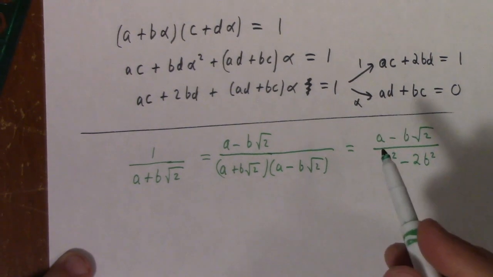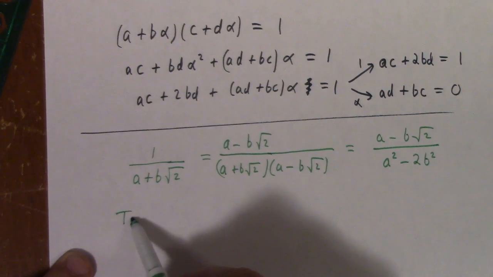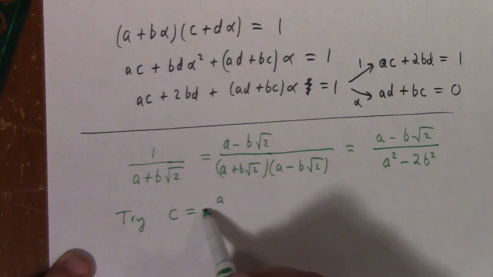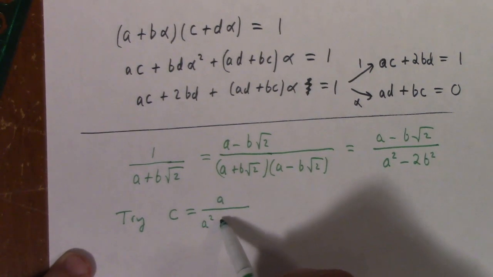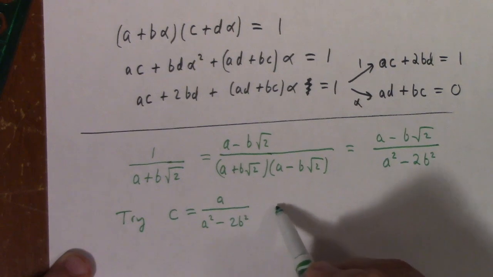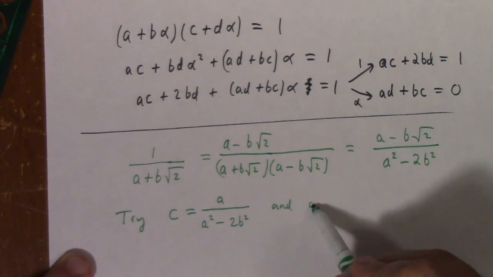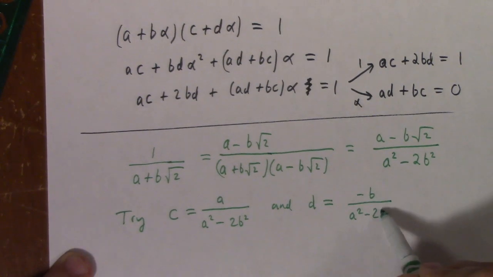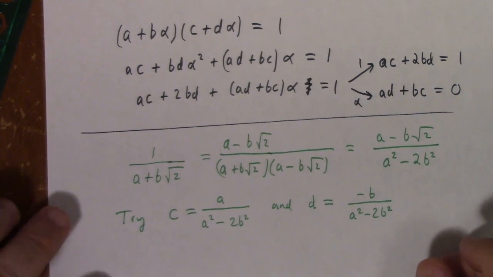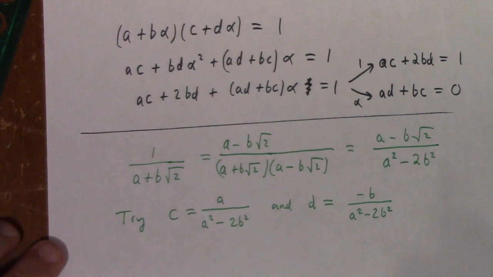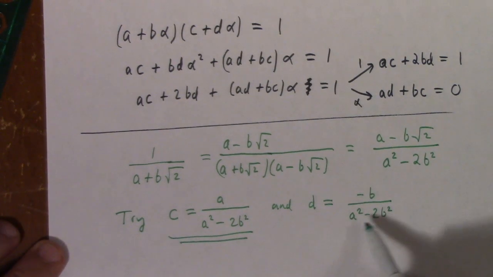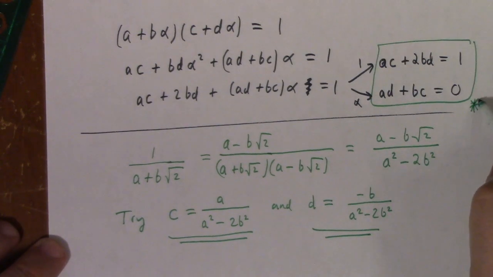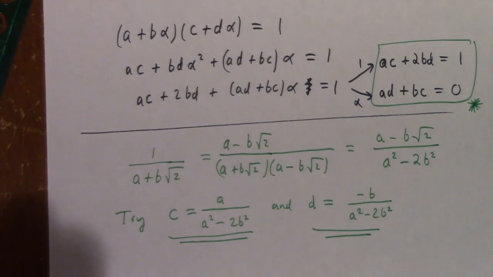If we believe this, this suggests that we should try c equal to a over a squared minus 2b squared, and d equal to minus b over a squared minus 2b squared, right? And we can check if this right here and that right here solve these equations up here, because if they do, then we're definitely in business.